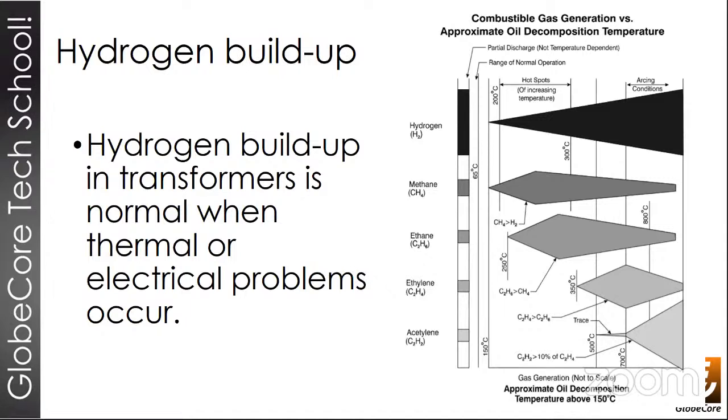So it's very common to find large quantities of this combustible gas in our transformers in case of thermal or electrical faults. If the gas is produced in large quantities, the resulting bubbles pose a hazard to the transformers. They can cause electric discharges due to the poor insulating properties of the gas as compared to oil.